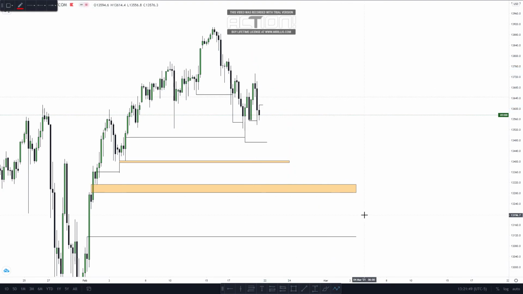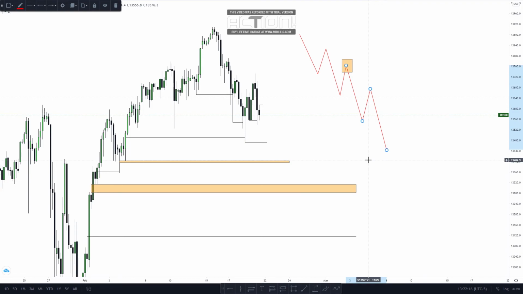So what I would then do, if I see price keeps on breaking structure towards the downside, I would just wait for price to break a low, and then wait for a retest to sell price again towards the downside.